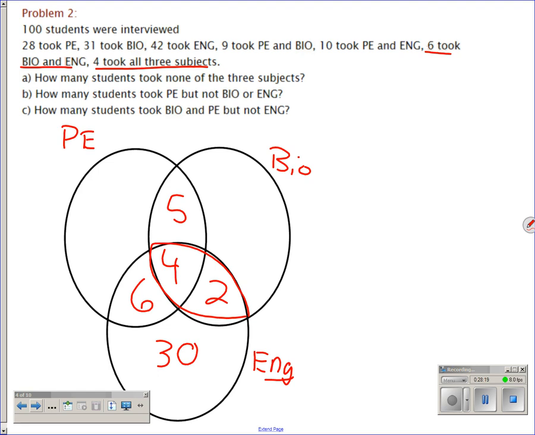Same thing for the biology. It says 31 took biology, and I already have 11 counted for, so 20. And then 13 for PE, because you have 28 total, subtract 15, left with 13.